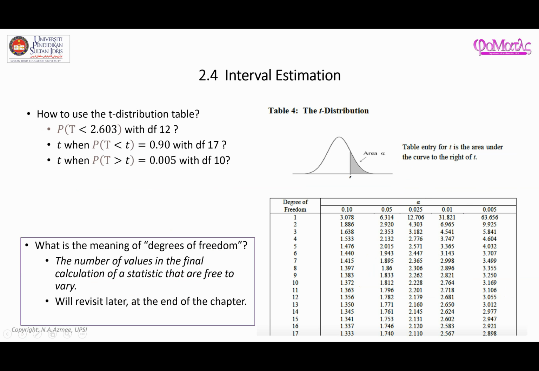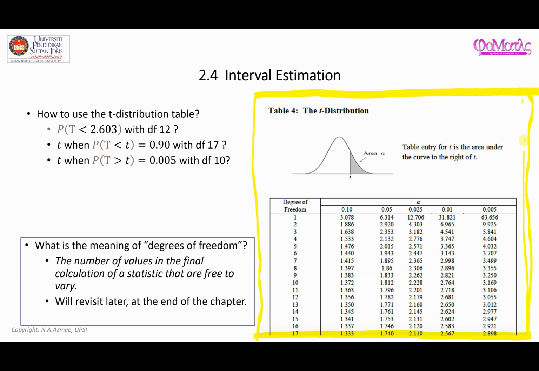Right, next I'm going to explain how to use the T distribution table. In this T distribution table, there are three items that you need to know before you can use it. The first one is you need to understand the values of T, which is given by the horizontal axis.